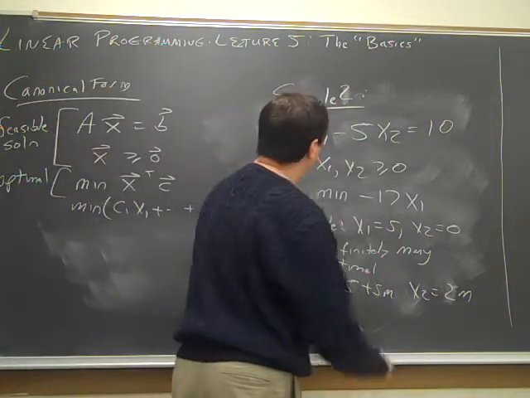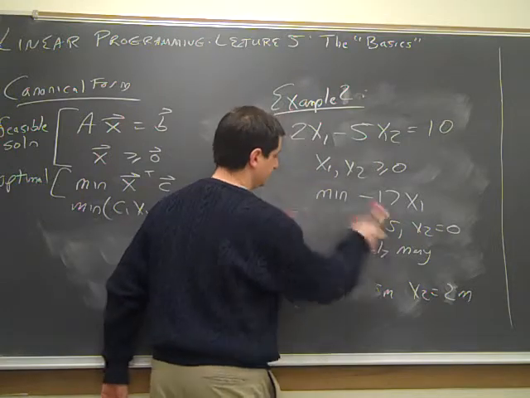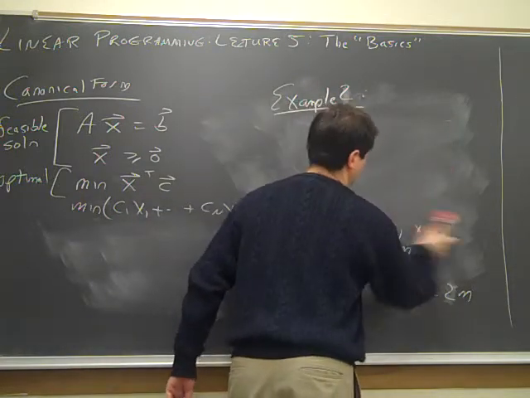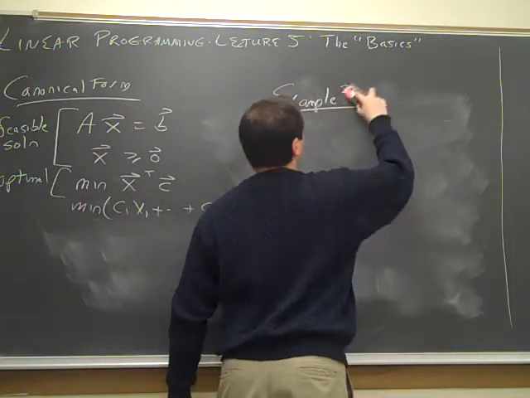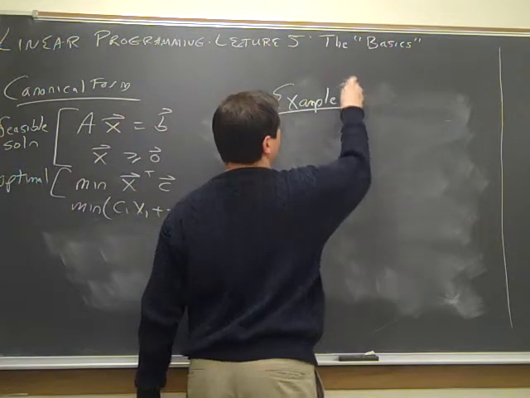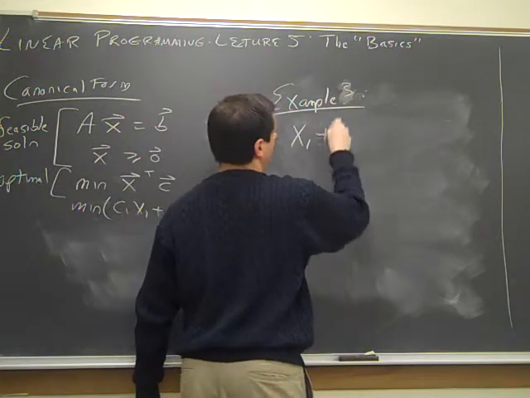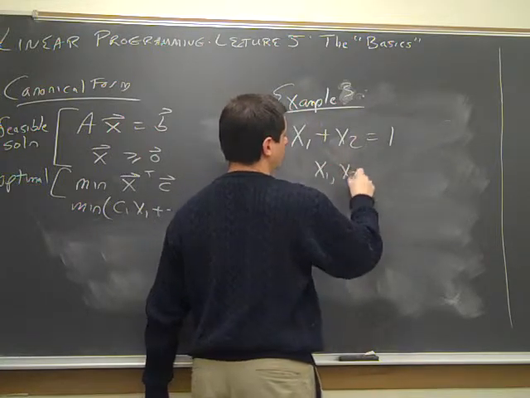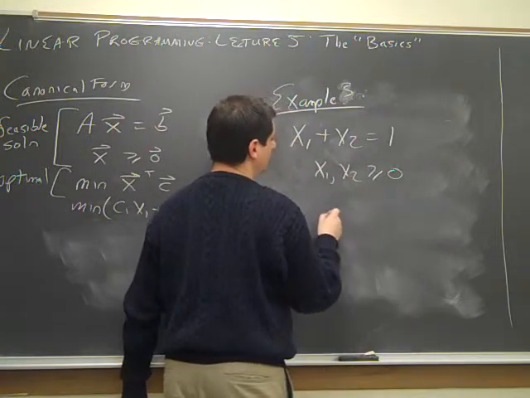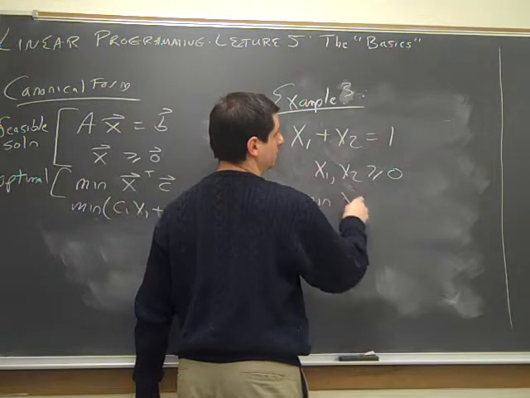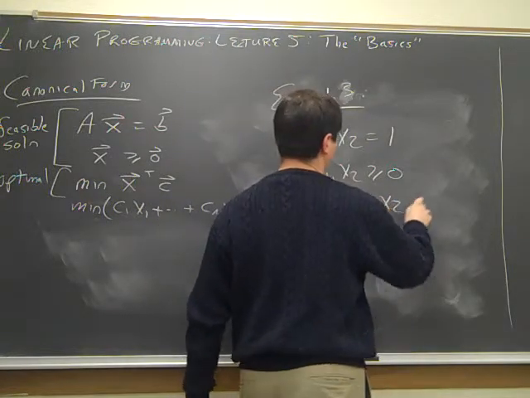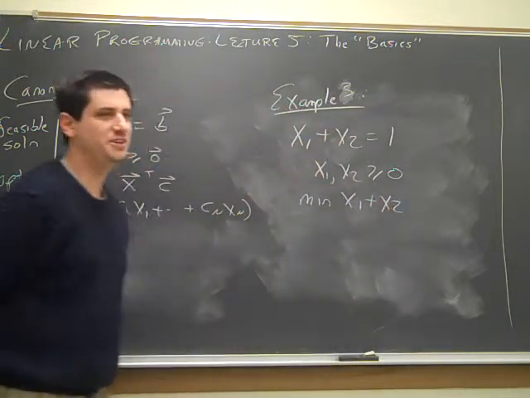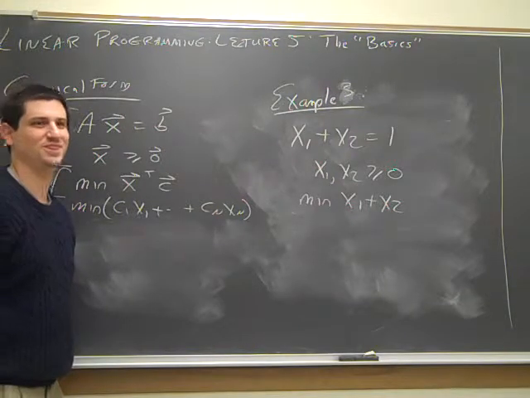Okay, so the last one to consider is the following. x1 plus x2 equals 1, x1, x2 greater than or equal to 0, and we want to minimize x1 plus x2. And again, this is a special cooked up example.